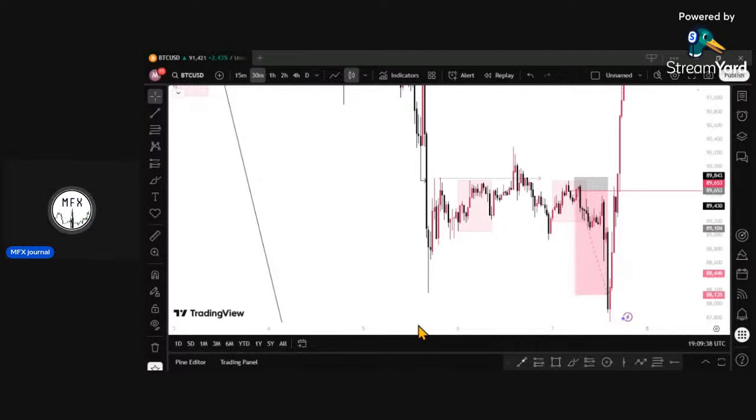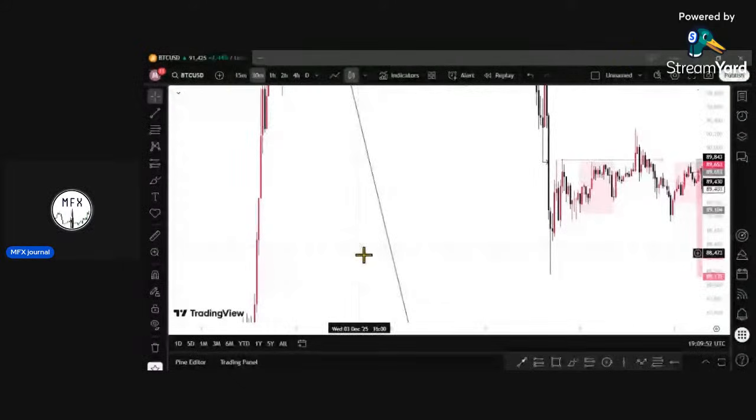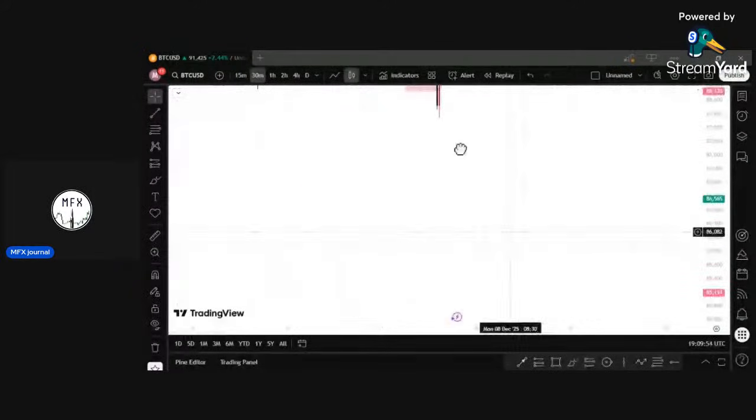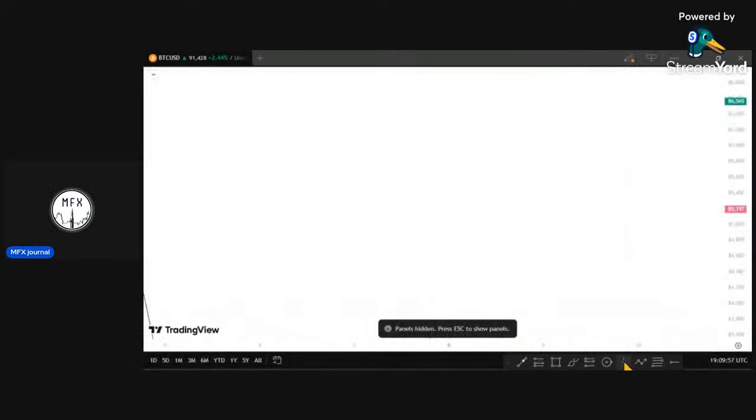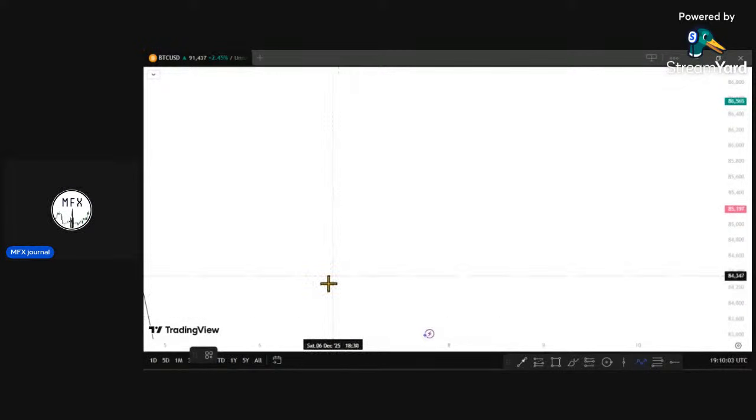So let's kickstart. Just like I said, it is very important and paramount to know your directional bias, right? First of all, we're gonna start with basic structure. When we say basic structure, people neglect it so much that they don't use it again.